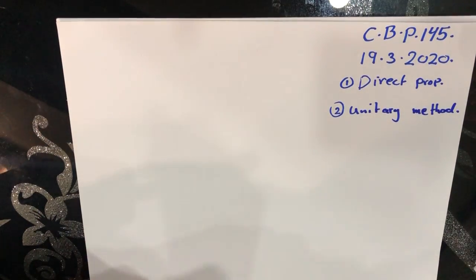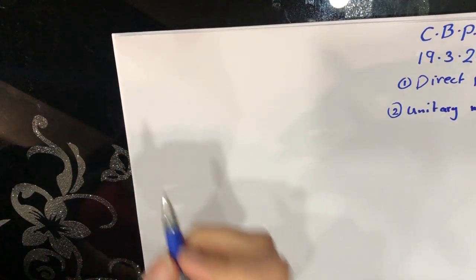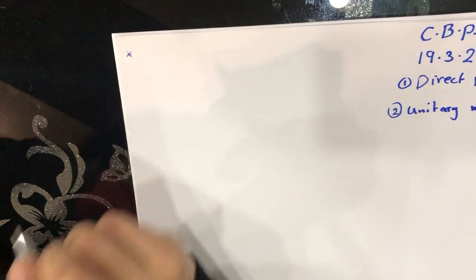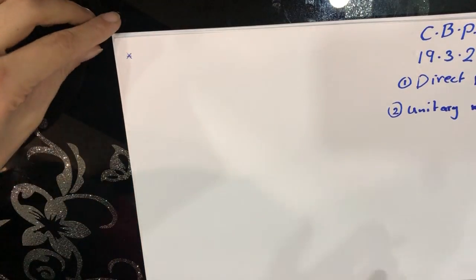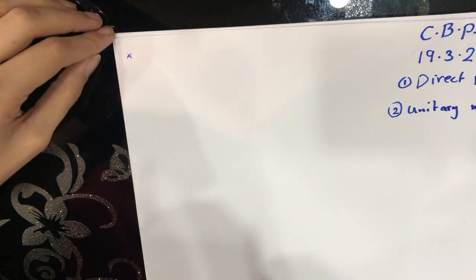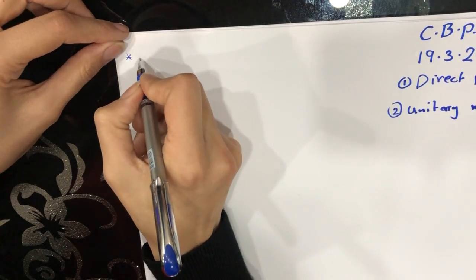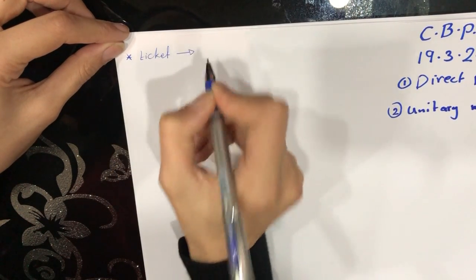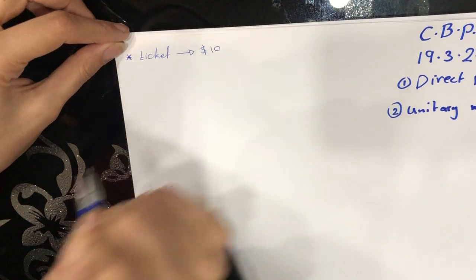Now, what does it mean to have a direct proportion? Let's say I am talking about buying some tickets for a concert. You will find this example in your course book, page 145. If I want to buy one ticket, that will cost me, let's say, $10.